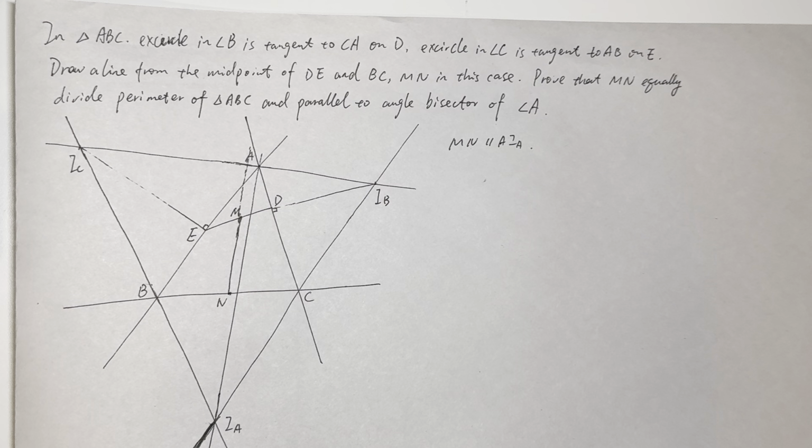So here I want to introduce a method that I can think of that is very straightforward and very common in problems associated with the excenter. It's so different compared to the orthocenter, incenter and circumcenter.